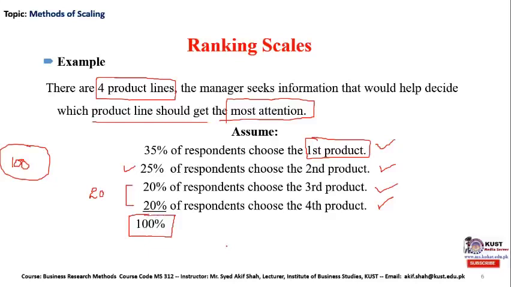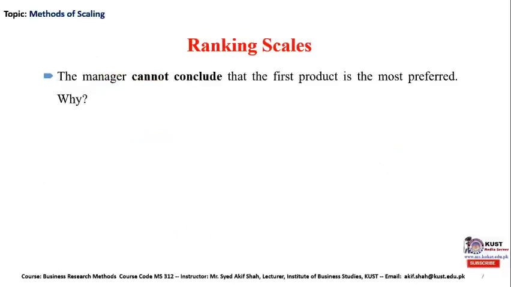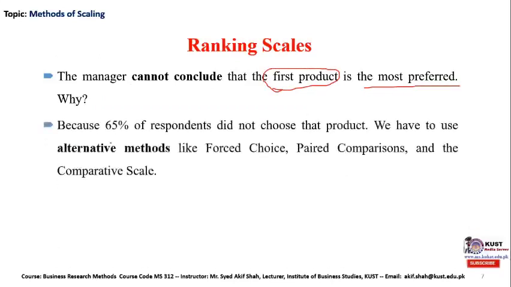So now we have actually ranked them and prioritized by the maximum number of responses given by the respondents, that the first product should be emphasized. However, what was the meaning of not a definitive clue? Here we can explain that the manager cannot conclude that the first product is the most preferred choice by the respondents. Why? Because there are 65% of respondents who did not choose that product. So we cannot infer that the most emphasis should be given to the first product line.